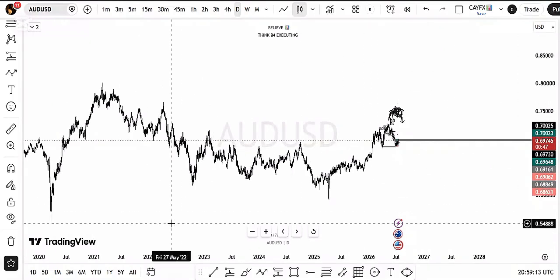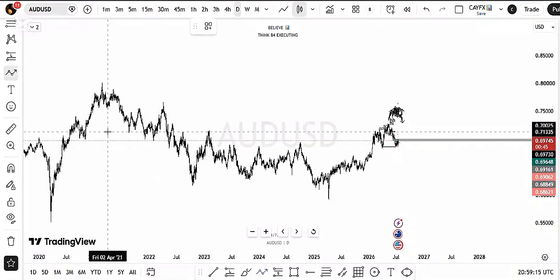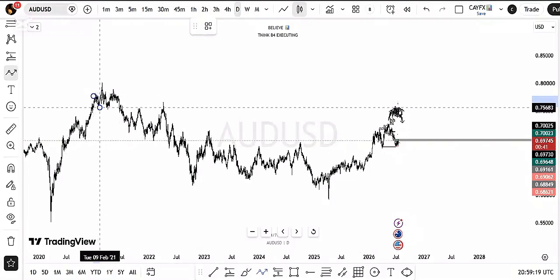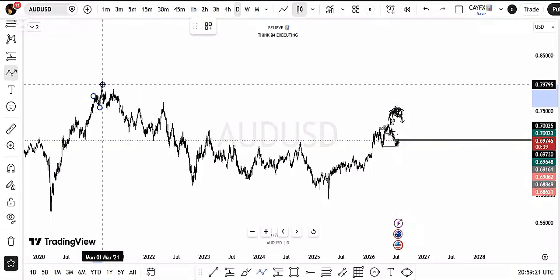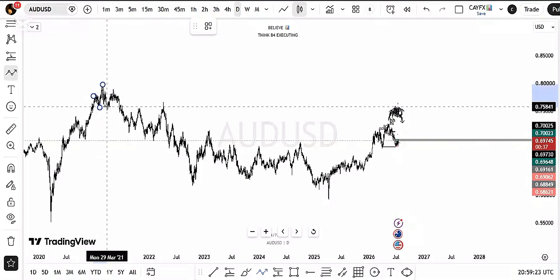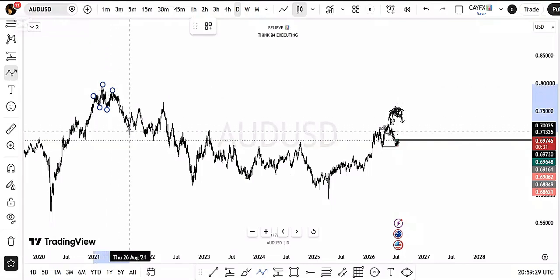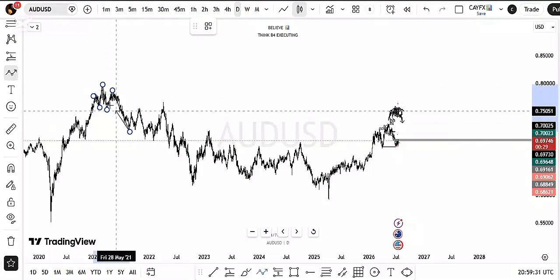If you check now, this is a series of higher high, higher low, higher high, higher low. The market broke this.